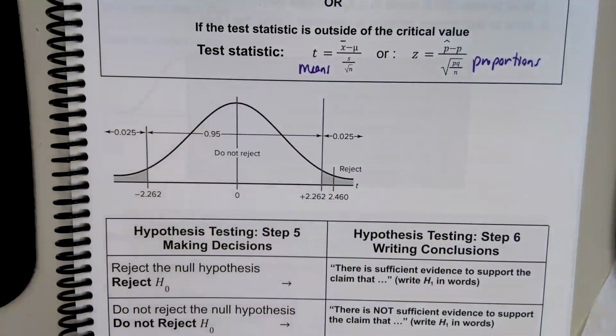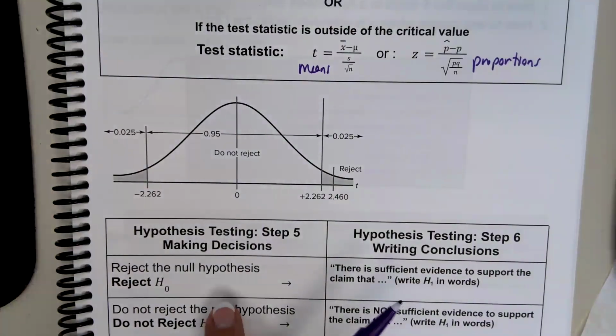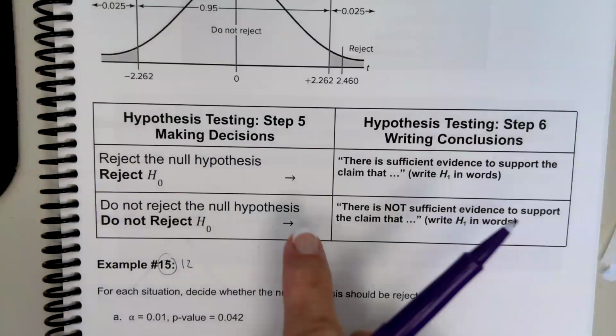Once we decide if we're rejecting or not rejecting, then we have to explain our decision. Step 5 is deciding whether you're going to reject.